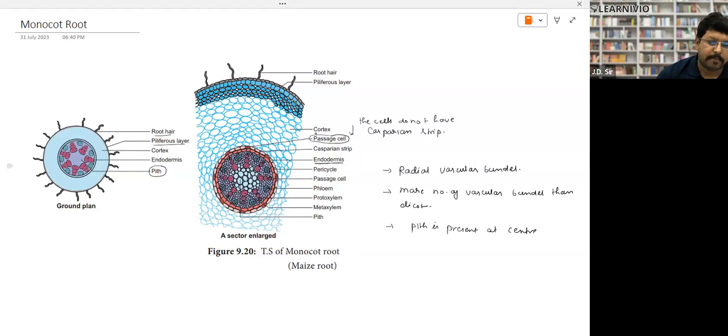This layer is called the epiblema layer. This is made up of a bit thicker cells. Epiblema. The number of vascular bundles may be 20 to 30.